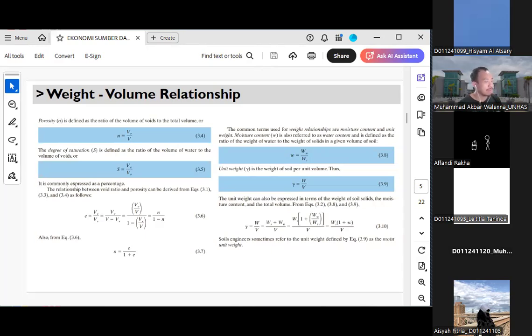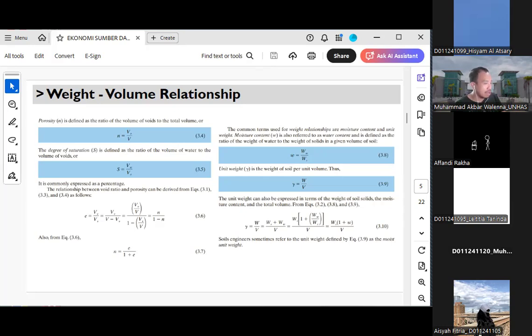I'm going to bring the sponge analogy again for this explanation. Porosity tells us how many holes are inside the sponge compared to the total size or total dimension of the sponge itself.